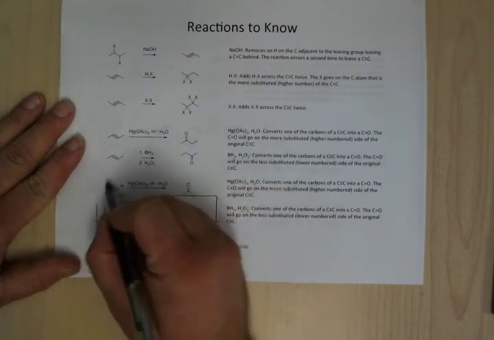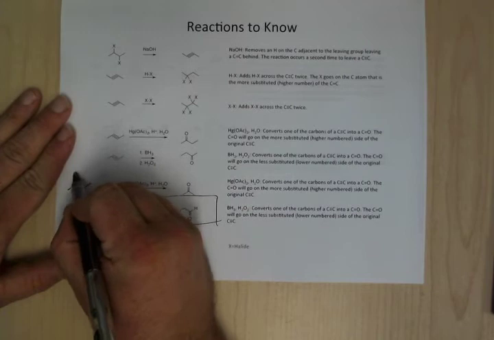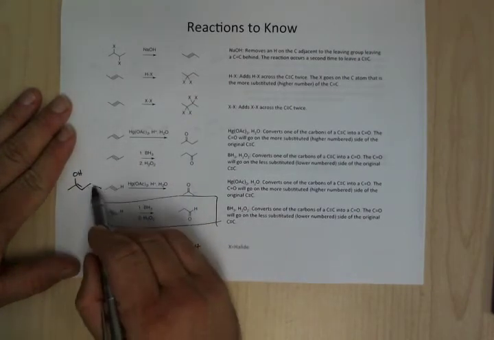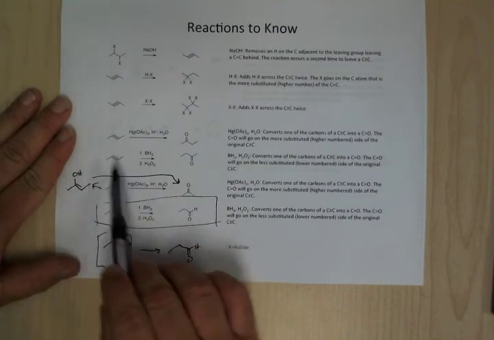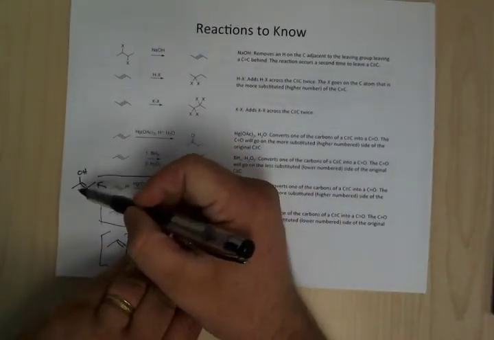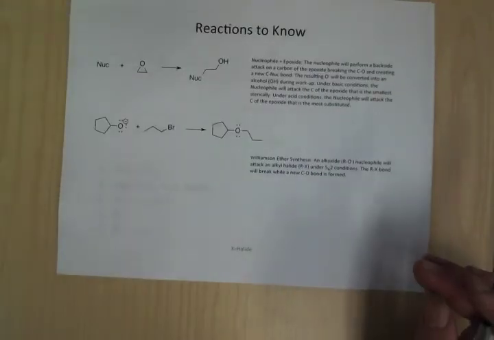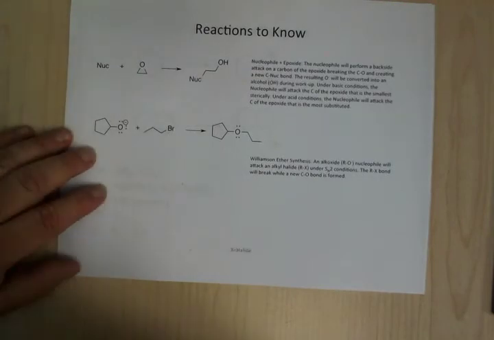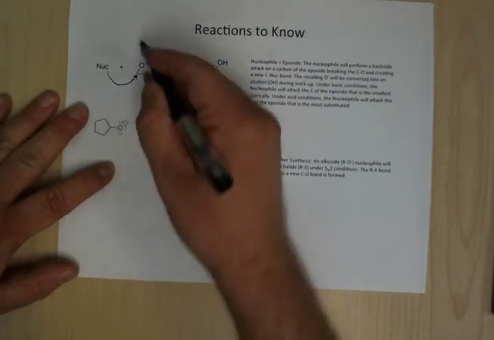For this one, the intermediate would look like this, and it's going to move around. The double bond's going to move around, and the oxygen stays put. So for the nucleophilic part, you're going to have a nucleophile come in and attack one of these sides.